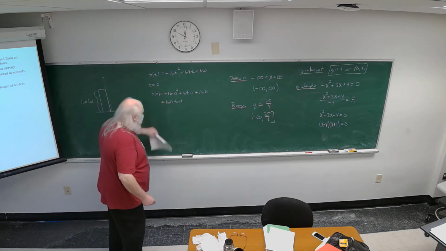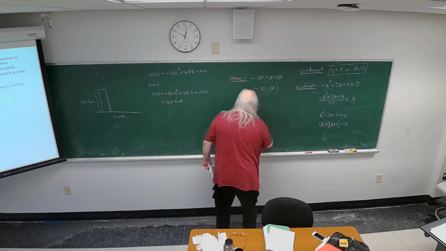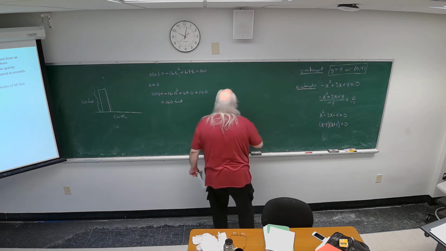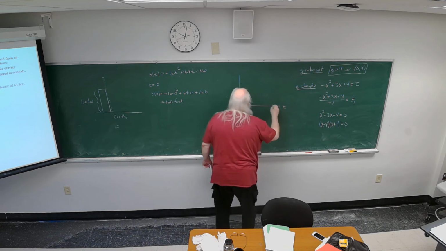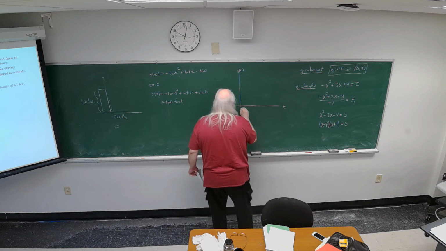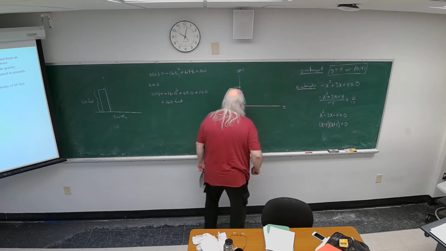All right. So what this function tells you is the height of the ball as a function of time, and it is a parabola. At t equals 0, the height of the ball is 160 feet.